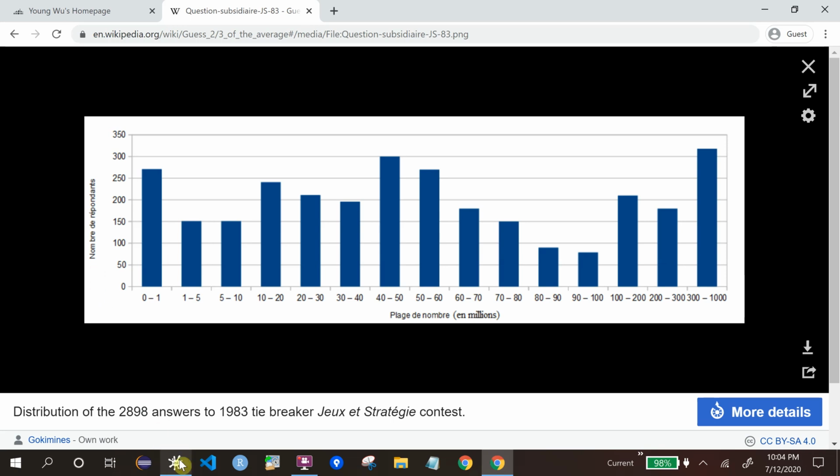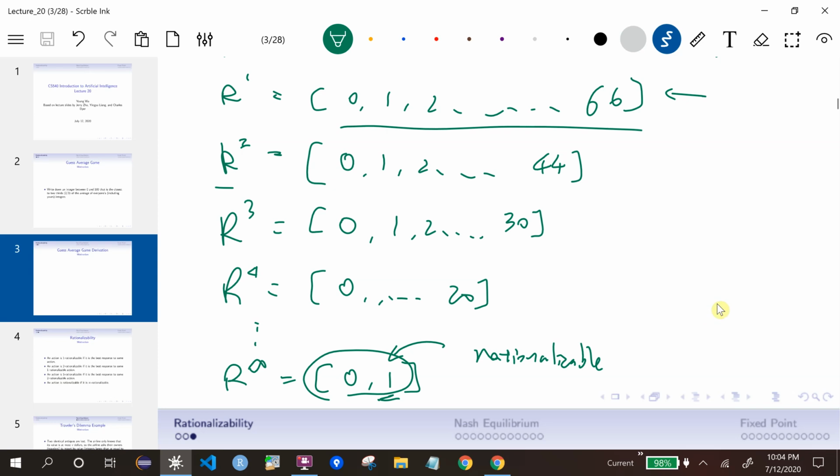Okay, let's get back to the mathematics. The problem with rationalizable actions that we actually care about in game theory is that for most of the games, the set is too large. Here, the set is kind of small. We reduced the set of 101 numbers to 2 numbers, so it's kind of reasonable.